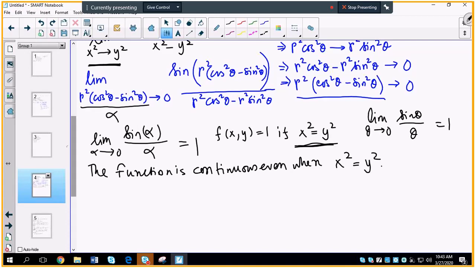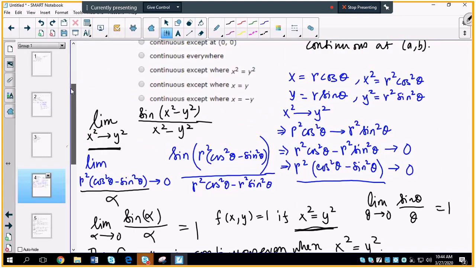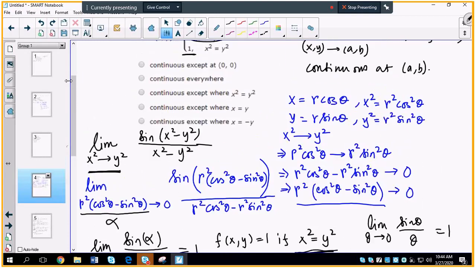For all those points on the plane, when x squared is equal to y squared, your function is continuous there too, as the limiting value, x squared approaching y squared, becomes equal to the functional value when x squared is actually equal to y squared. Both of them are 1. So the function is continuous everywhere. Otherwise, we have already seen that the function is continuous everywhere. So I go ahead and say that the function is continuous everywhere on the entire two-dimensional Cartesian coordinate plane R2.